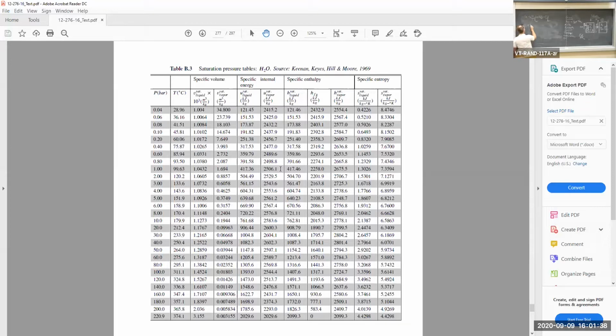So I have 417 plus 0.25, that's the quality at state 1, times U of the saturated vapor, 2506 minus 417, and that all has units of kilojoules per kilogram.